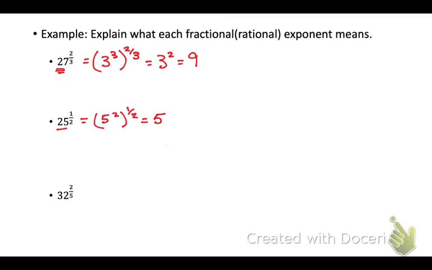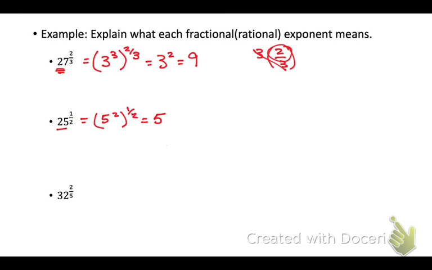How did you get rid of the 3 in the first one? Because when I take 3 times 2/3, isn't that just 2? Yep. So then it becomes 3 squared, which is 9.